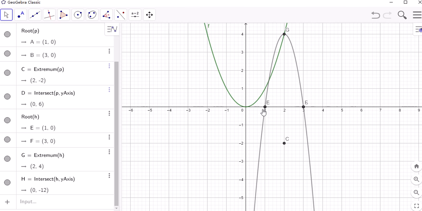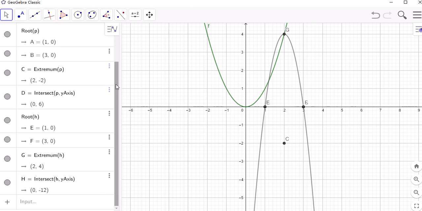Then you see the second one is h(x), and the special points here. I get E and F. E is 1, 0. F is 3, 0. And the maximum point is G. The coordinate is 2 and 4 here.